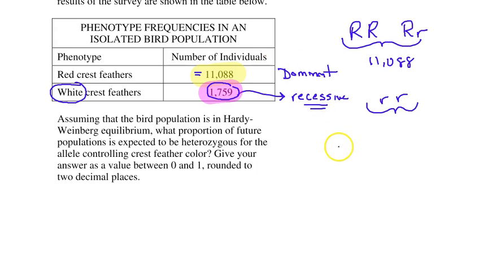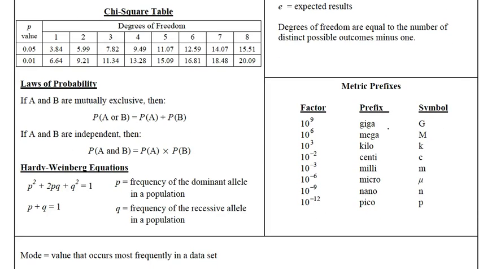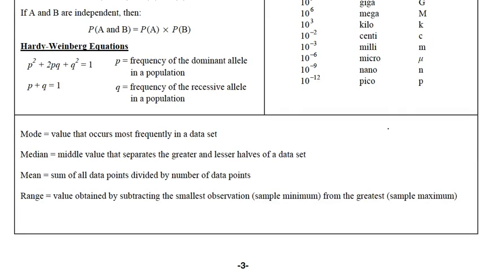Now, if you go to your reference table, you should realize that there are some things we can look at. In the reference table, they tell us very nicely about the Hardy-Weinberg equations. And there we are, in all of its glory. P is the frequency of the dominant allele in a population, and Q is the frequency of the recessive allele. Now what they're not telling you is that this represents the what? Individuals. P squared would be what? Dominant and dominant.